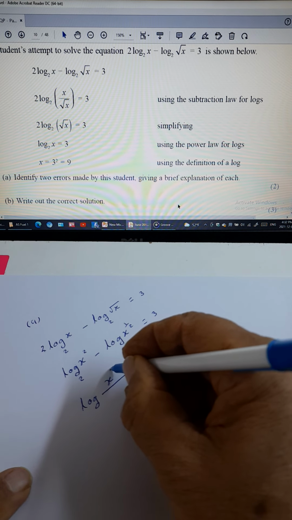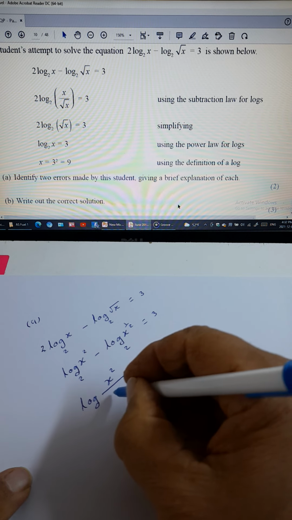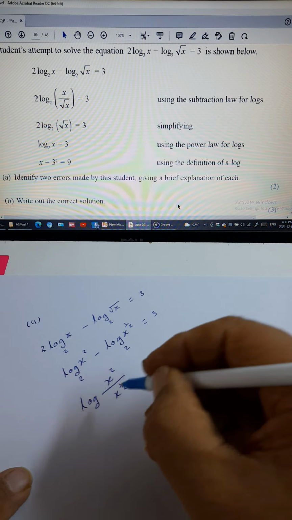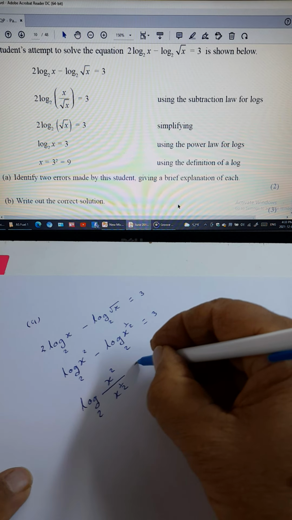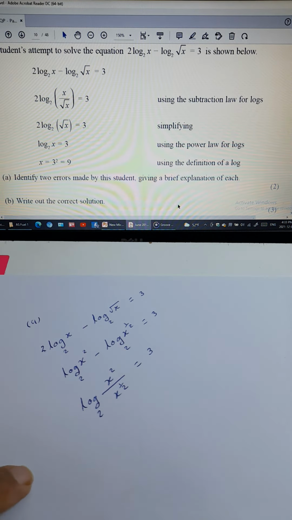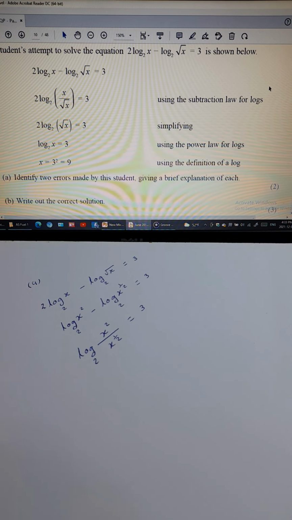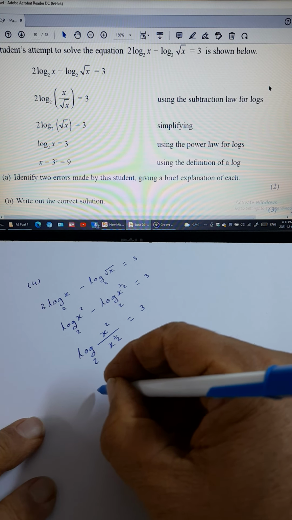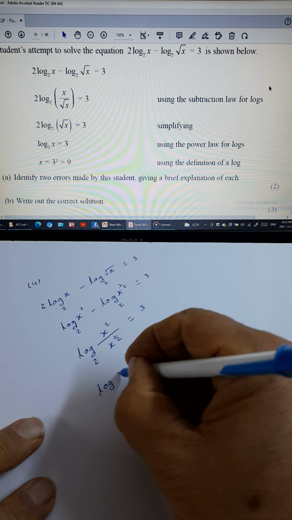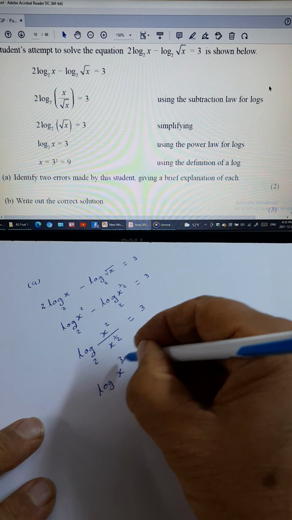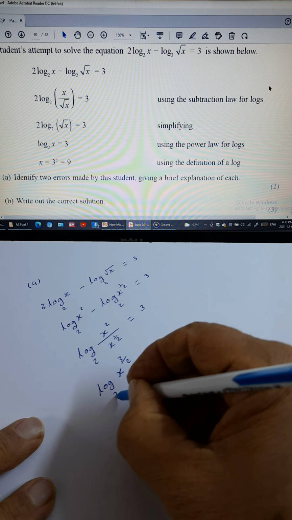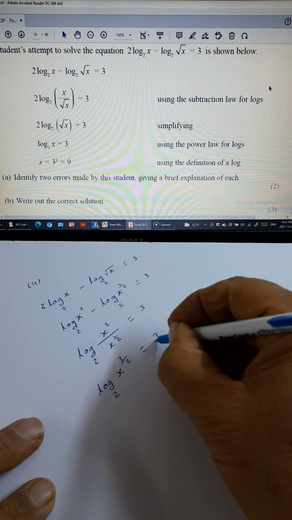of x squared divided by x to half to base 2 equals 3. This means that log of x to power 3 over 2, by simplifying, to base 2 equals 3.